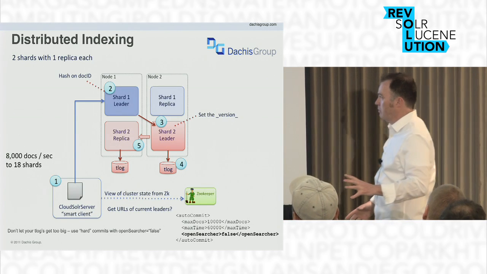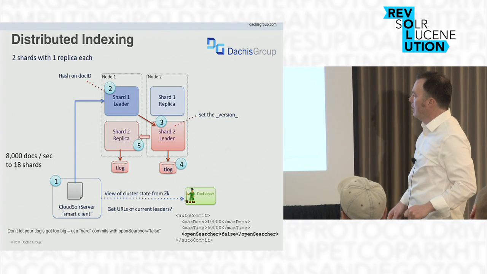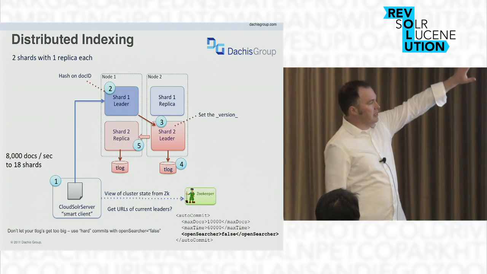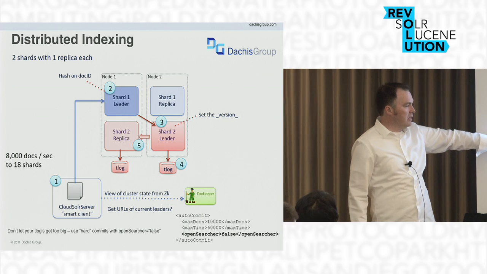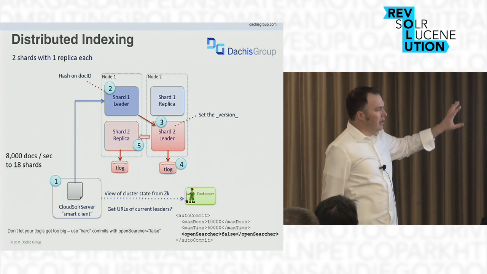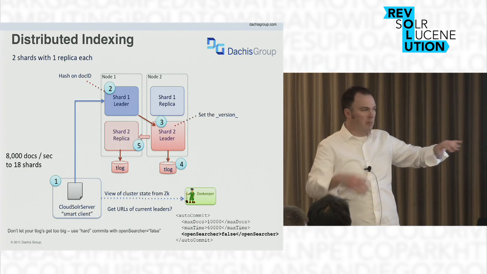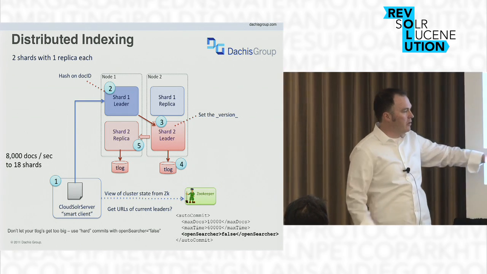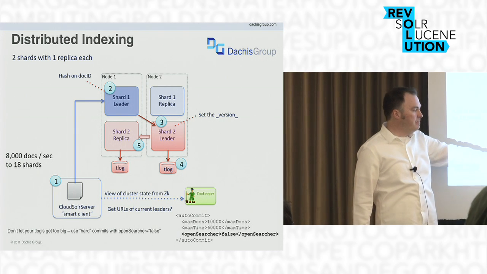Let's break it down a little bit in this slide. I apologize, font size for those in the back. So this is distributed indexing 101. We use the CloudSolrServer, which is in SolrJ, and that's a smart client. It's not as smart as it can be, and I've talked to the guys on the mailing list, and there's some plans around that. But basically why it's smart is because it actually gets the cluster state from Zookeeper.